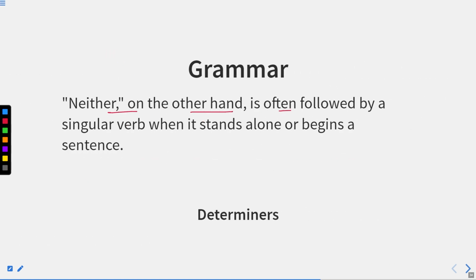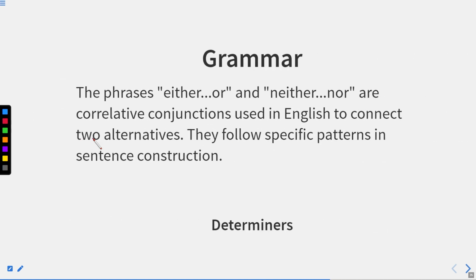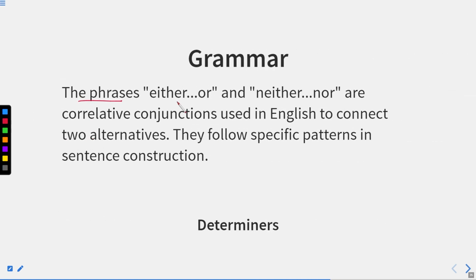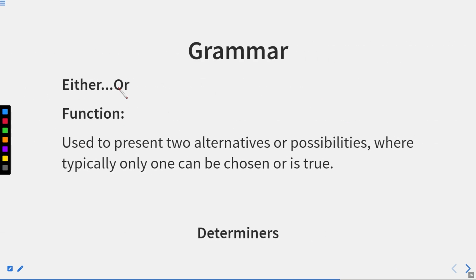Neither, on the other hand, is followed by a singular verb when it stands alone or begins a sentence, as I told you before as well. The phrases either or and neither nor are correlative conjunctions used in English to connect two alternatives. They follow specific patterns in sentence correction or construction. Either or is used to present two alternatives or possibilities where typically only one can be chosen or is true.